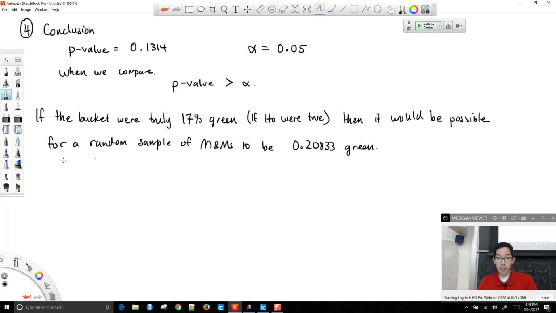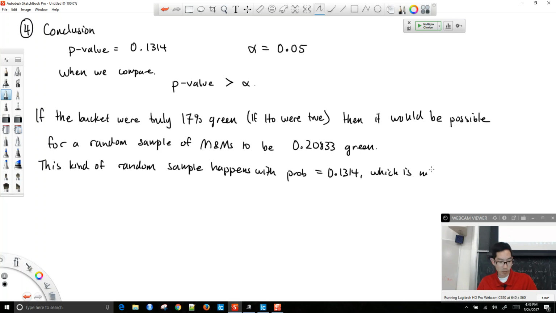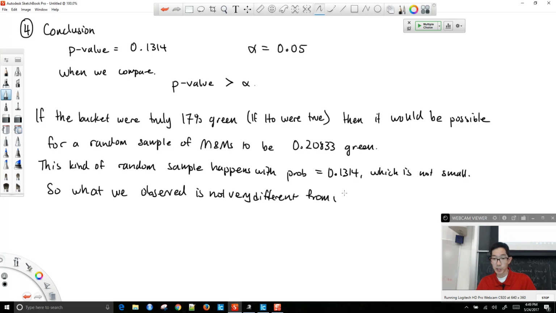This kind of random sample happens with probability equal to 0.1314, which is not small. So what we observed is not very different from what we expected.